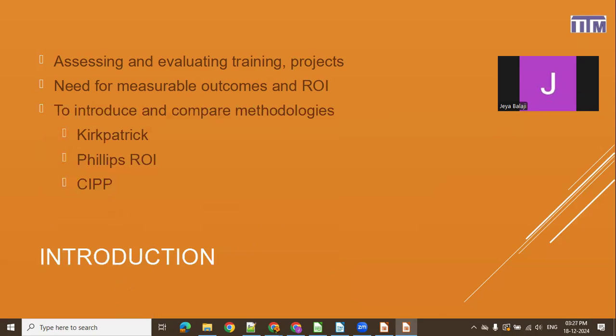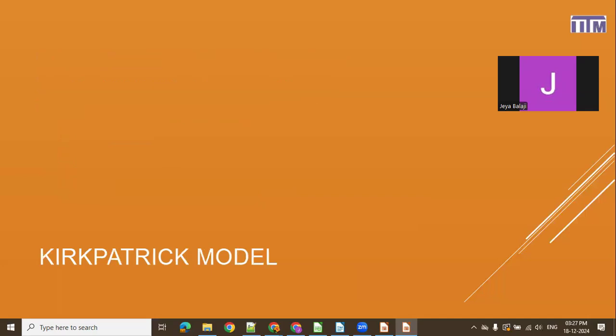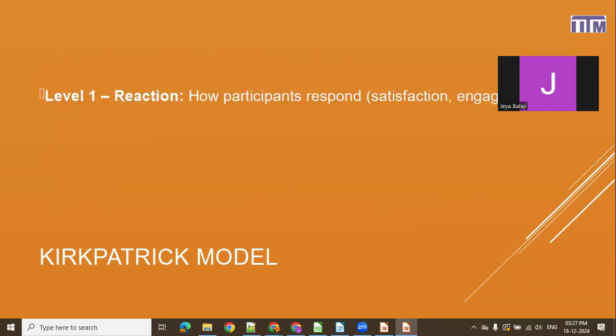Some of the methods we'll be looking into in this evaluation domain are the Kirkpatrick method, the Phillips ROI method, and CIPP. So let us move on. Kirkpatrick's method is a four-level approach where each level has its own goal.